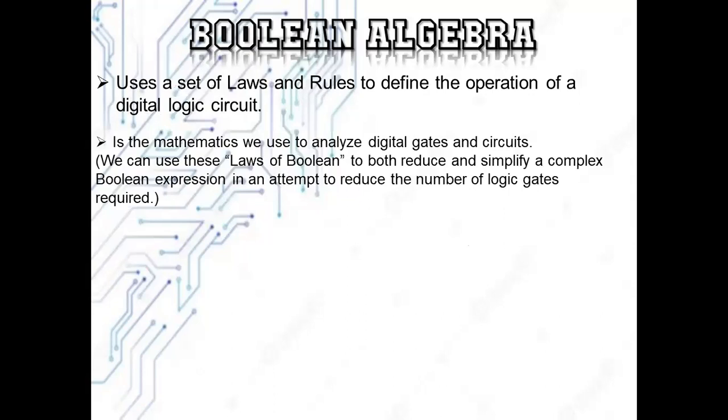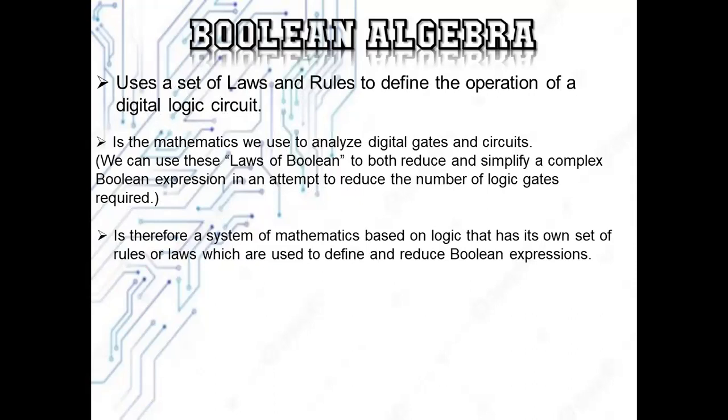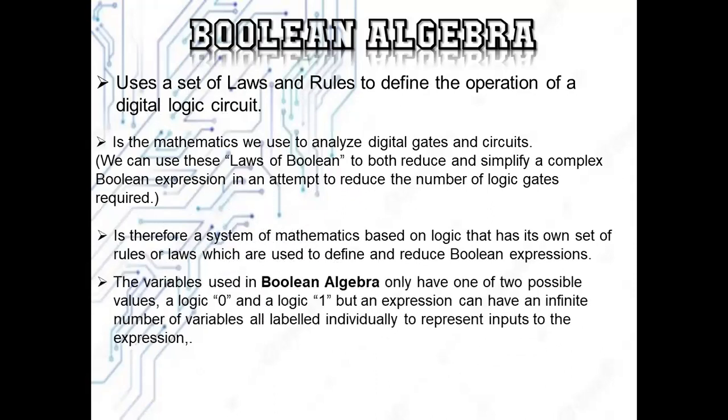It is the mathematics we use to analyze digital gates and circuits, so we can use these laws of Boolean algebra to both reduce and simplify a complex Boolean expression in an attempt to reduce the number of logic gates required. It's therefore a system of mathematics based on logic that has its own set of rules or laws, which are used to define and reduce Boolean expressions.